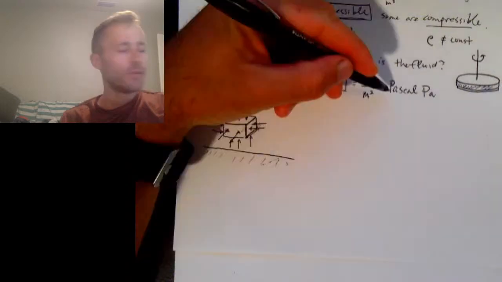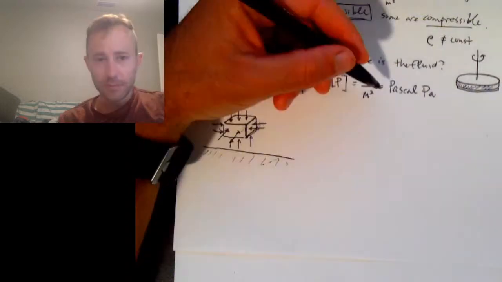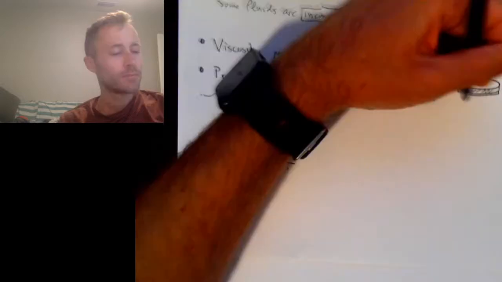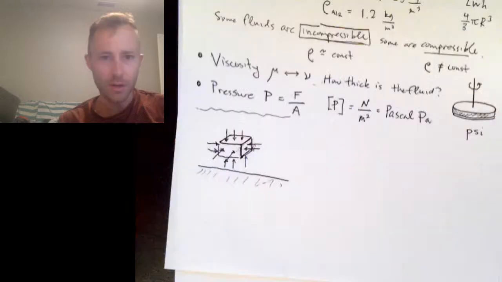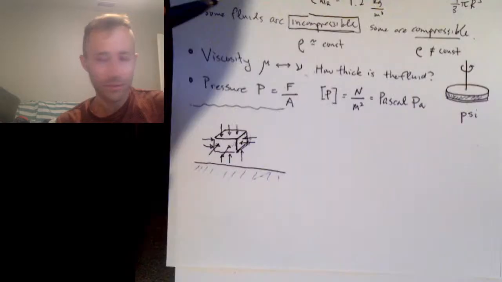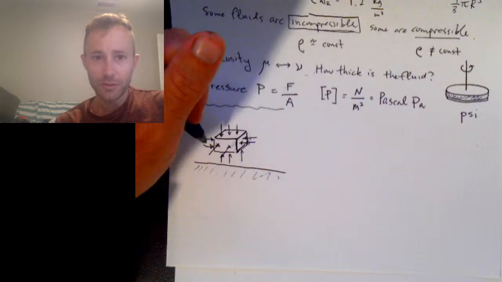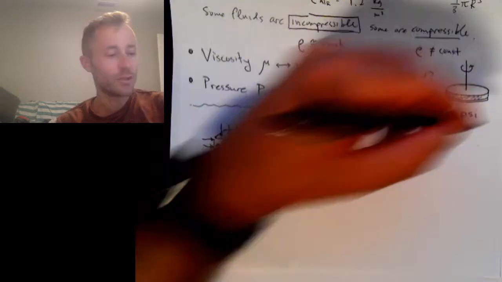You are probably familiar with the English unit of pressure that is most commonly used, which is PSI, pounds per square inch. Force is measured in pounds, area is measured in square inches. That's also a unit of pressure.